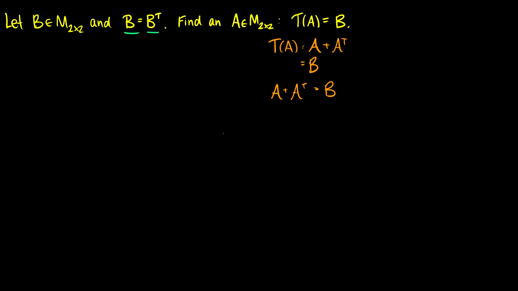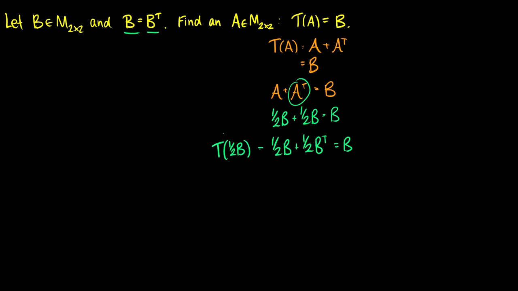So, what if I had 1/2 B plus 1/2 B? Well, that's equal to B. Oh wait, but this has to be a transpose. So I can have 1/2 B, and luckily B is equal to B transpose, so I can have 1/2 B transpose, and that's equal to B. So, if I put in 1/2 B as our A, then I get B back.